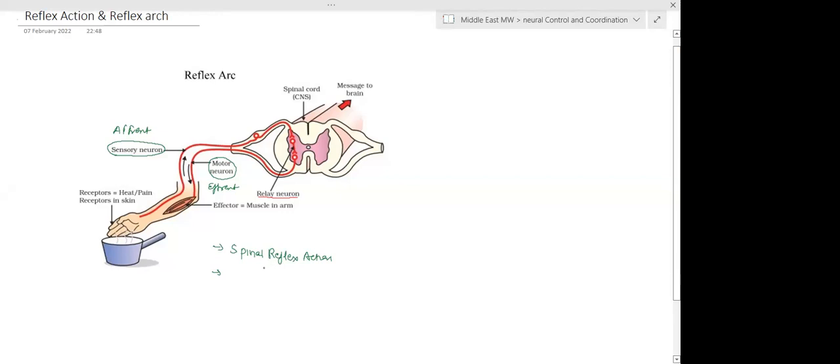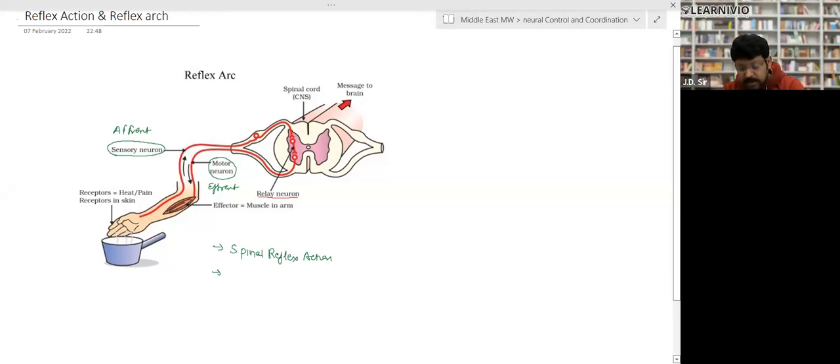And if it is controlled by the brain, it is called cerebral reflex action.